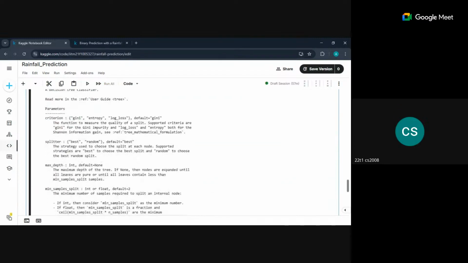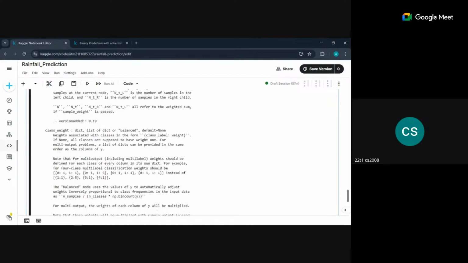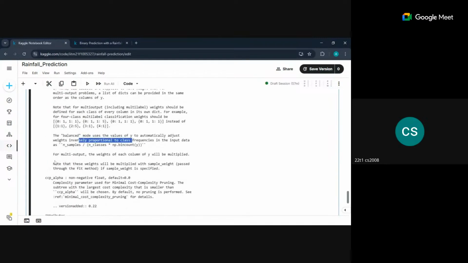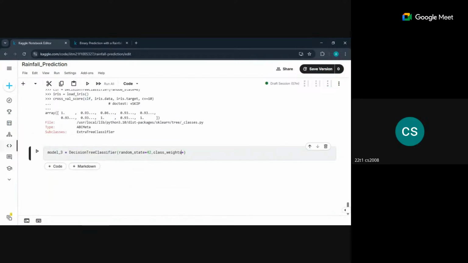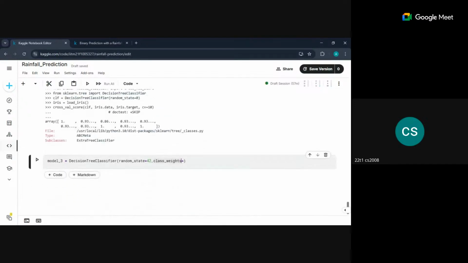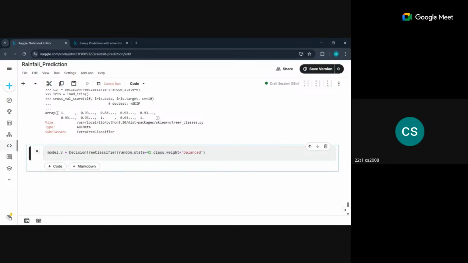Okay, so there is balanced. So balanced can be used to weight for this. So let's change the class weight parameter. Class weight is equal to balanced. Okay, so our model 3 is ready.